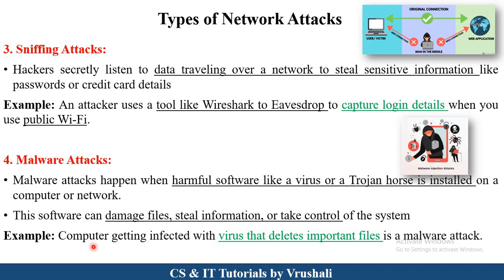Sometimes your computers or devices get infected with viruses, and all the important files are automatically deleted, right? So this is called a malware attack. It requires a particular software installation. So these are the main types of network attacks.